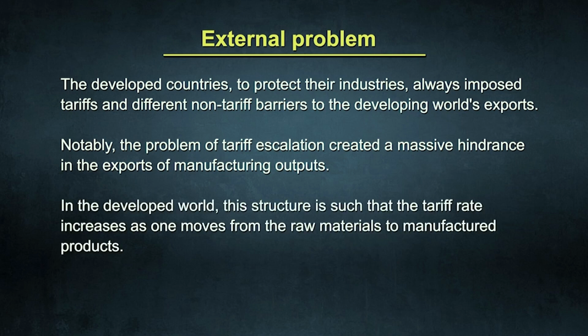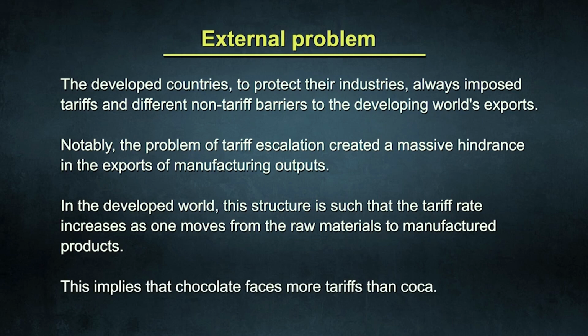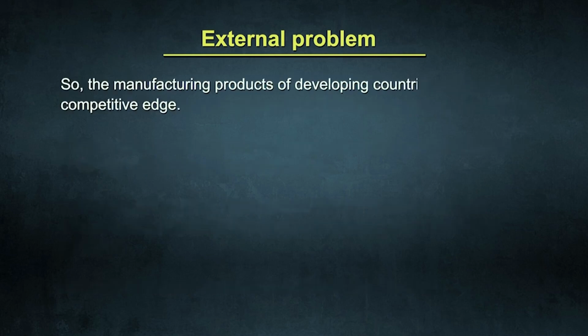In the developed world, the tariff structure is such that it increases when we move from the agriculture to the manufacturing products. That is, in that kind of system, chocolate faces more tariffs than the cocoa. So, the manufacturing products of developing countries lose their competitive edge in that structure.